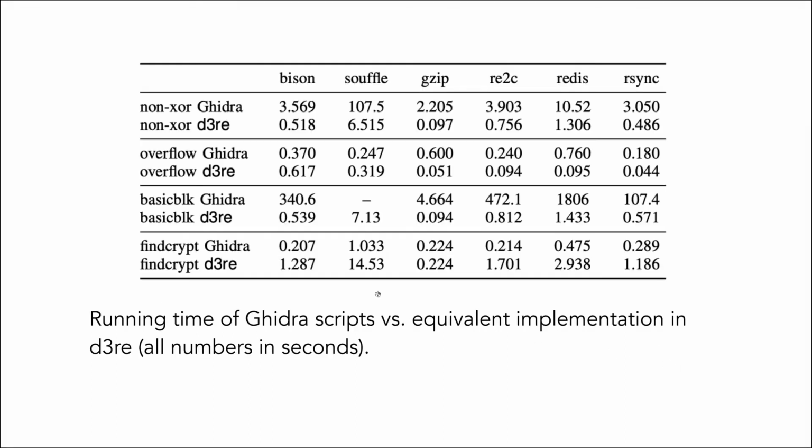We also compare the running time of the original Hydra Python plugins engine and our Datalog plugin engine. You can see that in many cases our tool is faster, because the Datalog engine, like Souffle, has a very efficient index selection algorithm, and it also has a very efficient data structure to store the facts.